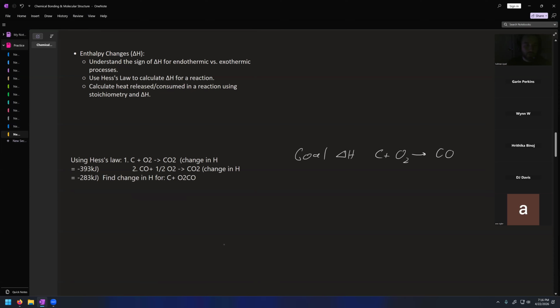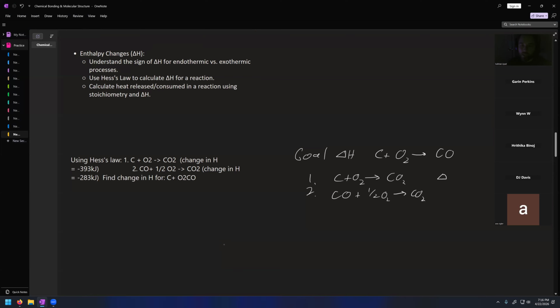We were given 2 sample equations: C plus O2 reacting to yield CO2, and carbon monoxide plus 1/2 O2 reacting to yield CO2.